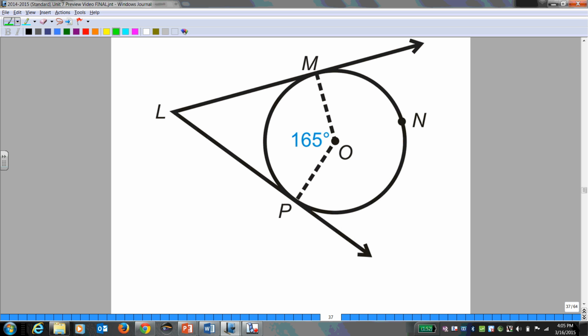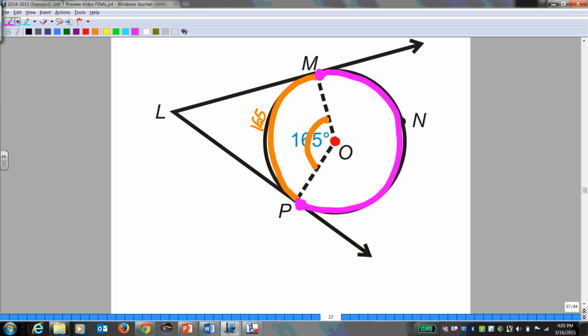Okay, so we have here, let's take a look. This is the center of the circle. Let's start with the basics. The measure of a central angle and its arc are the same. So right there, if that's 165, this is 165. Then you should have noticed from here to here, that's a tan.